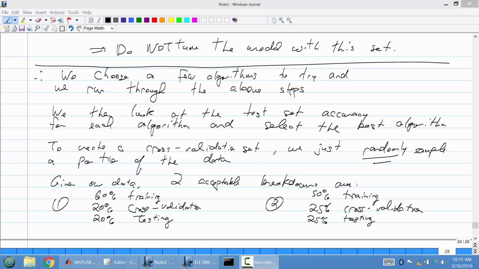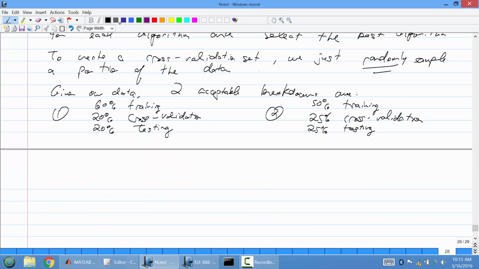Some people like to do 80, 10, 10, but that's a little extreme, because it doesn't accurately model the examples that you see in practice. So you want a good enough size for the cross-validation and the testing to be able to do your tuning. Okay? So this is what happens if you have a whole bunch of different algorithms to choose from.